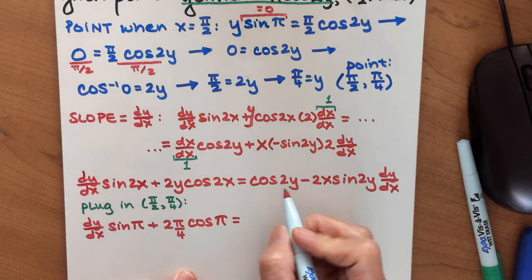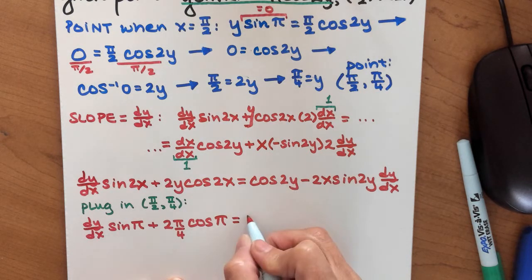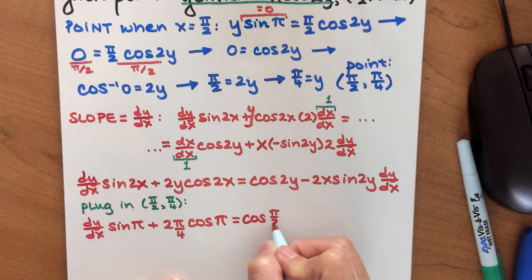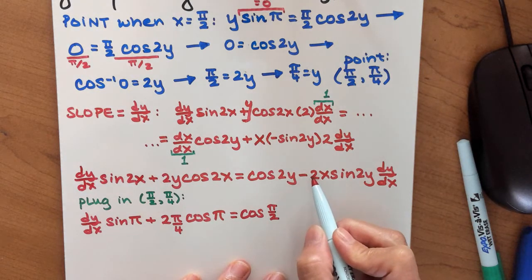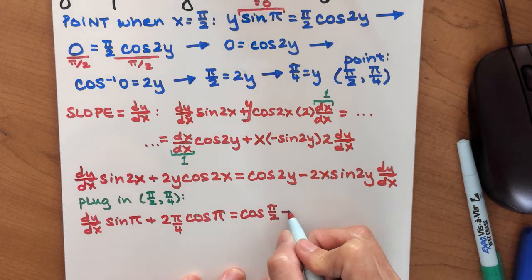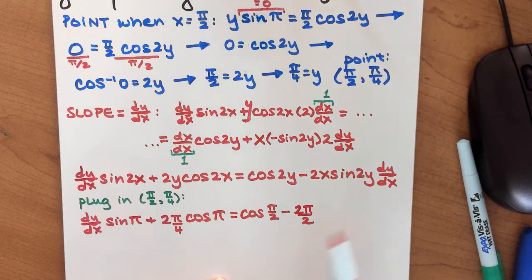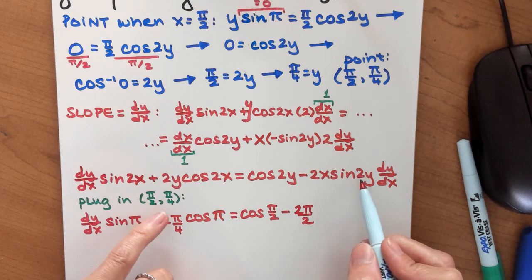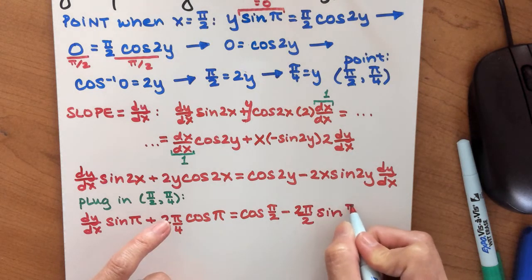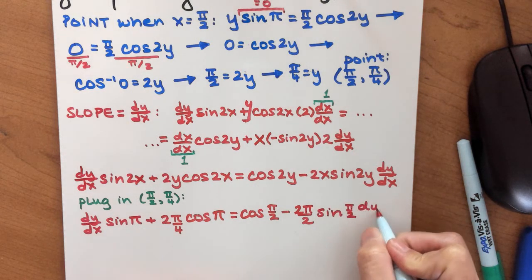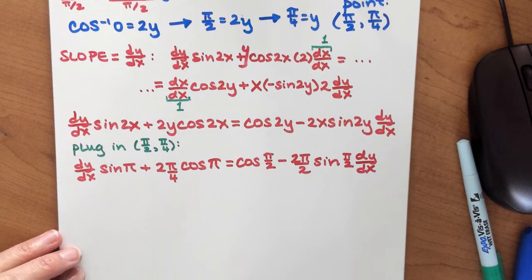That's going to equal the cosine of, when I plug y as pi over 4 in there, I'm going to get pi over 2. And the cosine of pi over 2 is 0. Minus 2 times x. Well, that's going to give me minus 2 times pi over 2, or pi. And then the sine of 2 times pi over 4 is the sine of pi over 2, and then I have a dy dx.